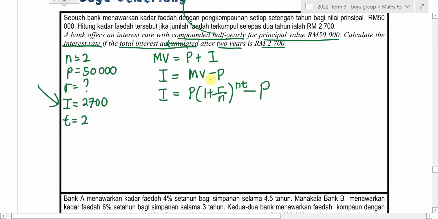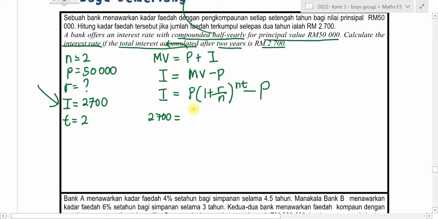You want to find the r inside, not so easy. Just now the principal was very easy because principal is outside only. Now the r is inside a bracket and it is powered up with the nt. Looks very complex, right? So I is equal to 2,700. Substitute everything you have.